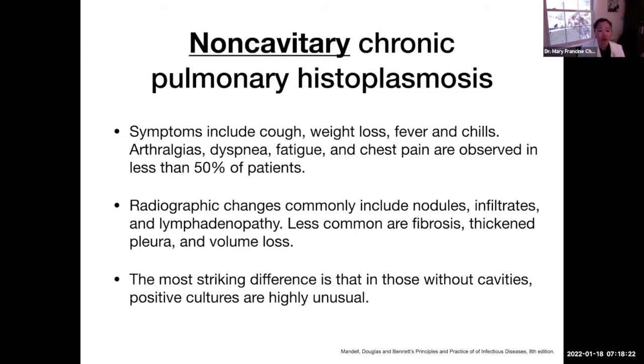Your patients can also present with arthralgias, fatigue, and chest pain, but less than 50% of patients have that. And instead of cavitary changes on radiographic examination, you will see nodules, infiltrates, and lymphadenopathy. Less common but can happen are fibrosis, thickened pleura, and volume loss. The most striking difference is that in those without cavities, positive cultures are highly unusual.